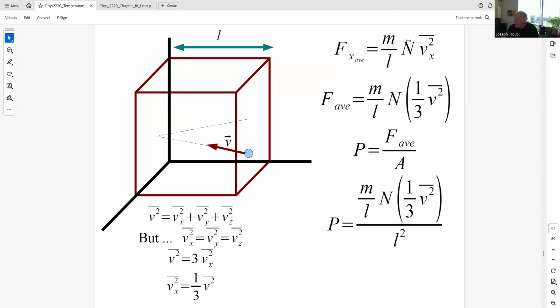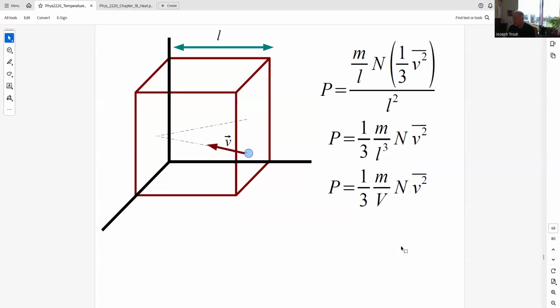So now we'll plug in for the average force. We get m over L, n, 1/3, the average of the velocity squared, divided by the length squared. But that gives us the length to the third, which is just the volume. So now we end up with the pressure is 1/3 the mass over the volume, the number of molecules times the average of the velocity squared.